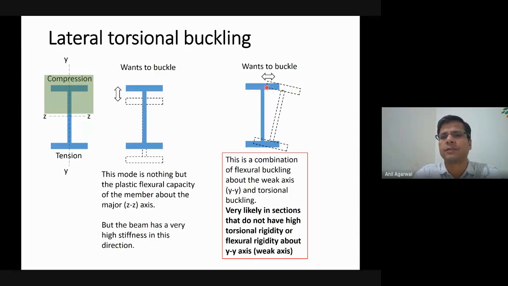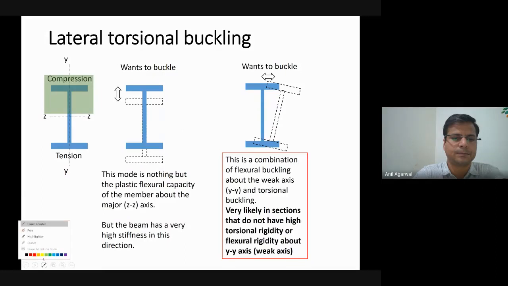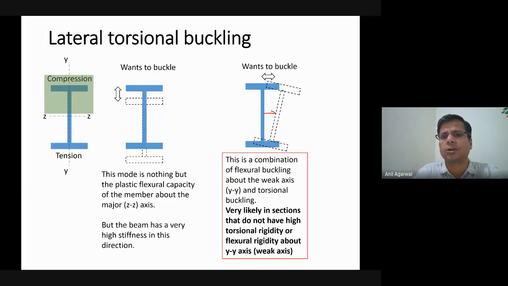What may happen, however, is that this part wants to buckle laterally. Because if it buckles laterally, what you end up with is a net horizontal movement and a net rotation of the cross section.